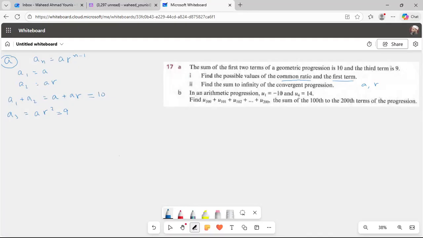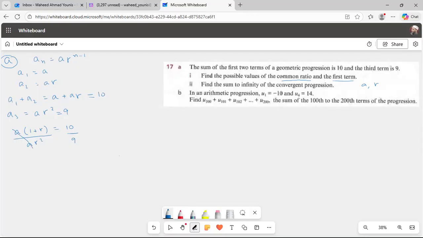Okay, so you can see from the first expression, if I take A common, it's going to be A times (1 plus R), and this is equal to 10. And if I divide the second equation, which is AR square equals 9, by this equation, A cancels out.